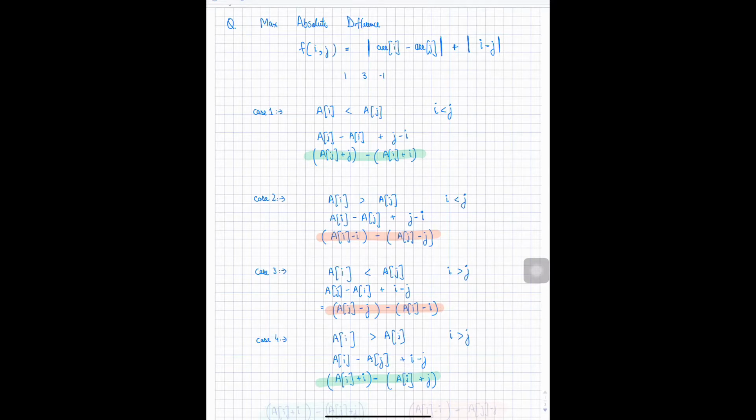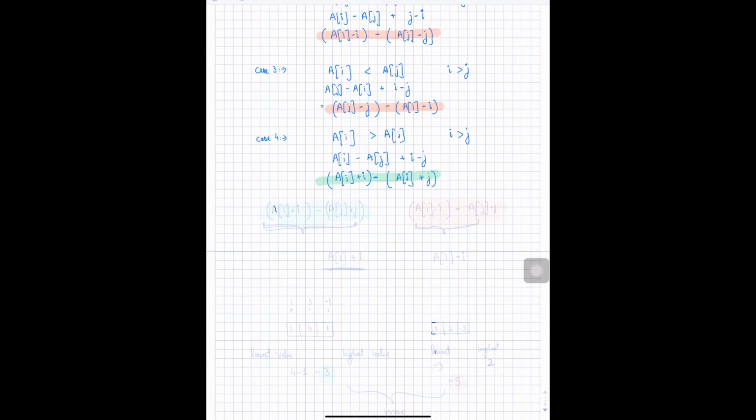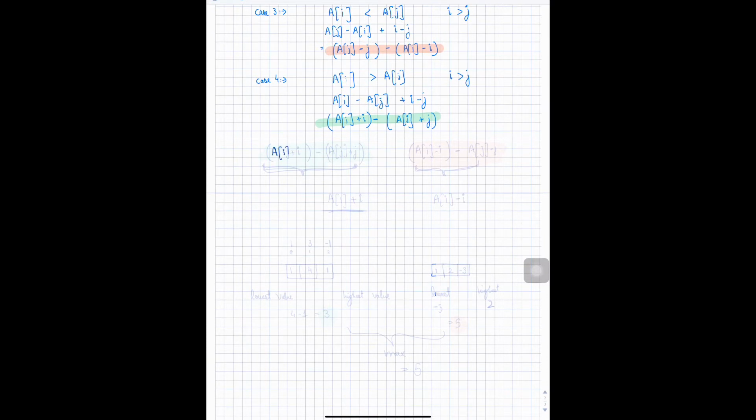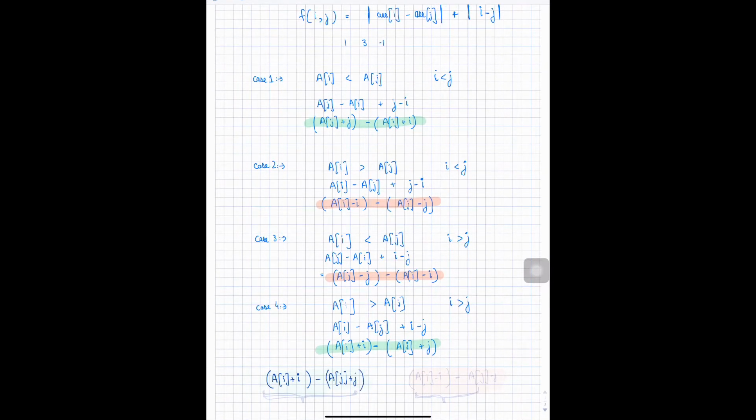The first is A[i] + i - (A[j] + j). The second is A[i] - i - (A[j] - j).